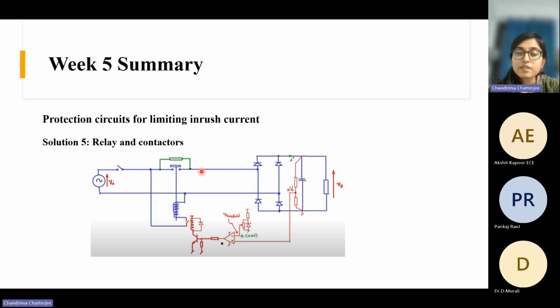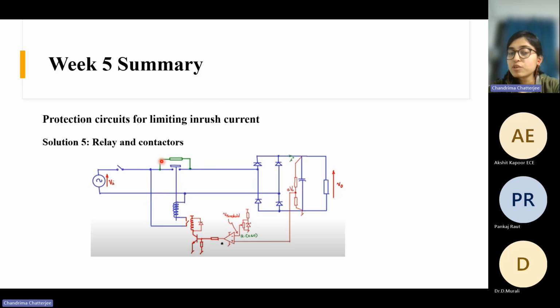So basically, this is a resistance. Okay, this is a resistance. So initially, what was the first solution we saw? That was connecting a resistance. So first, when this circuit is closed by this switch, this contactor will be open.